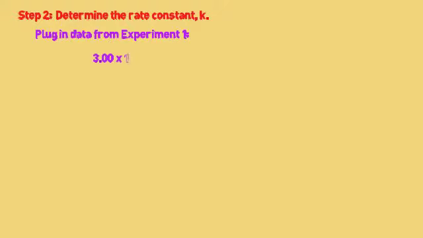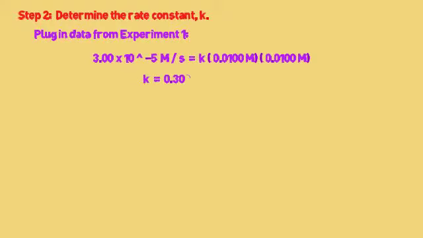So we have the initial rate, going to put that in, equals K, and the molarity for A and B. Plug that in. Solving for K, we get 0.300 M^-1 s^-1.